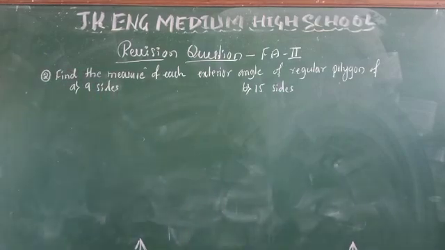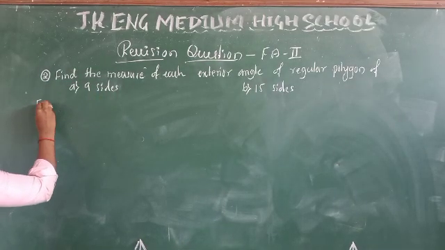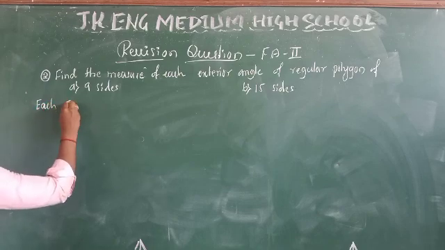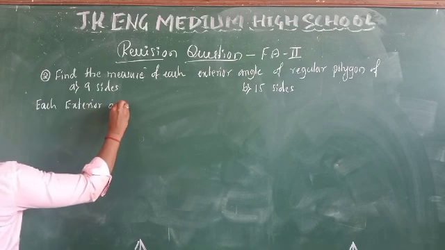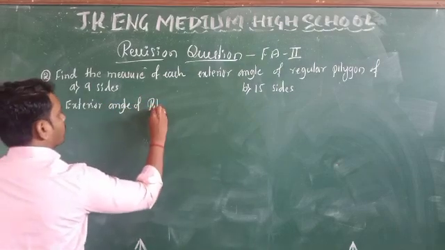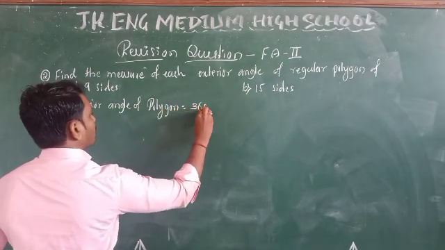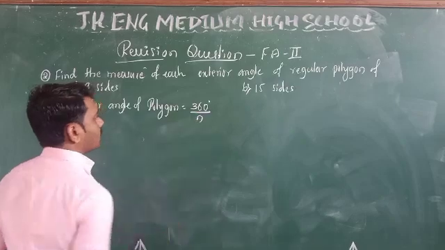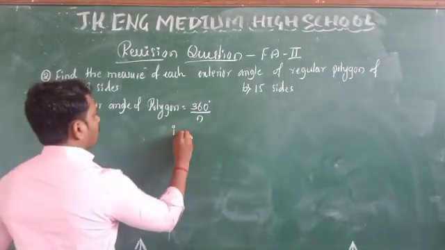So already we have learned the formula, that is each exterior angle of polygon is equal to 360 degree divided by n. So how will we represent?